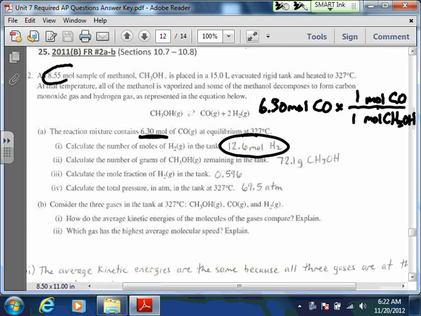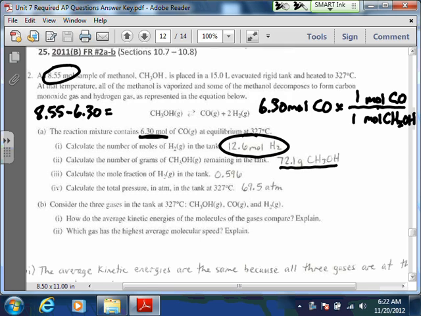Now notice we started with 8.55 moles, so if you take the 8.55 minus the 6.30, that gives you the number of moles of CH3OH that are left. Then you can convert that into grams using the molar mass of CH3OH, and that would give you the 72.1 grams right here.